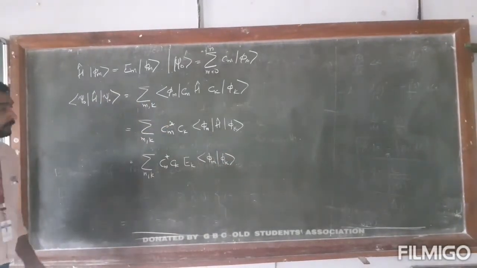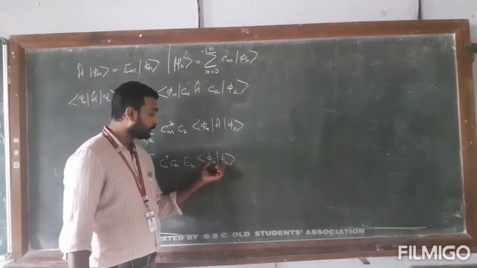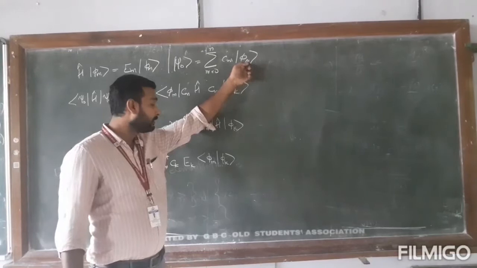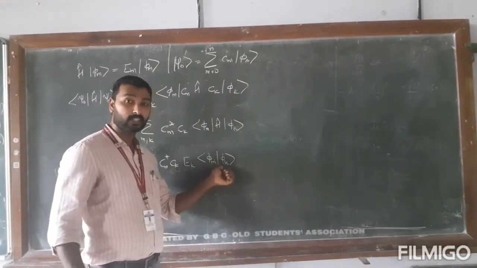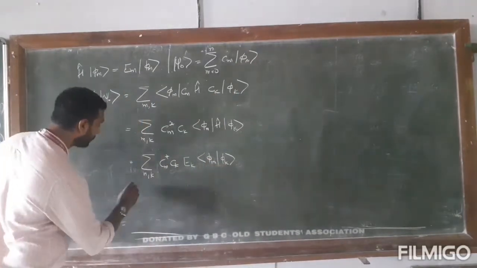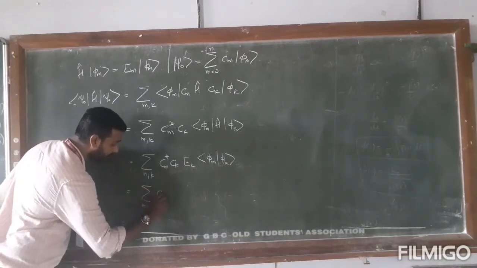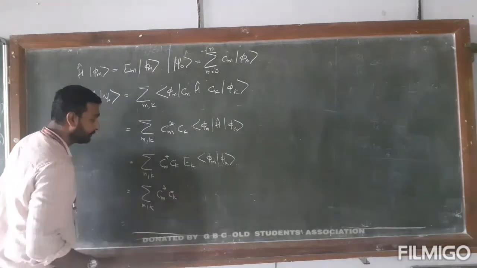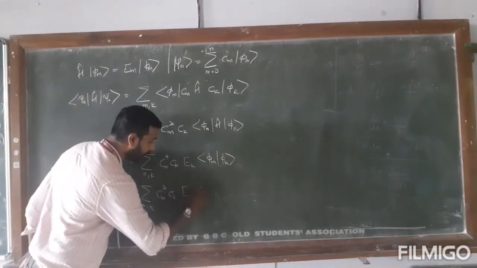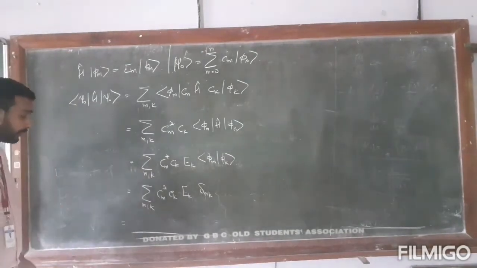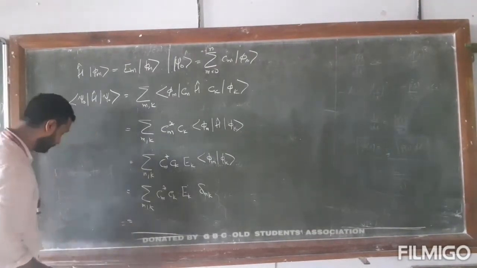Now this ⟨phi m|phi k⟩, since we assume the eigenstates are a normalized, orthonormal set, this inner product becomes the Kronecker delta. So we get the sum over m, k of Cm* Ck Ek delta mk, and if we sum it over k, what would be the final result?